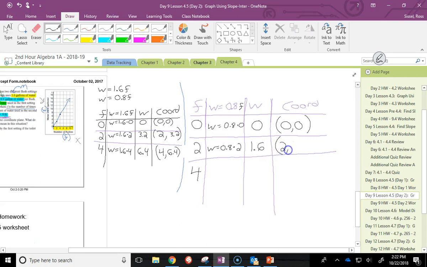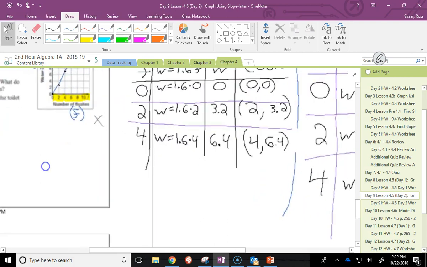So 2, 1.6. And 4, 0.8 times 4 would give me 3.2. As you can see, once we set the table up, it doesn't take long to do.